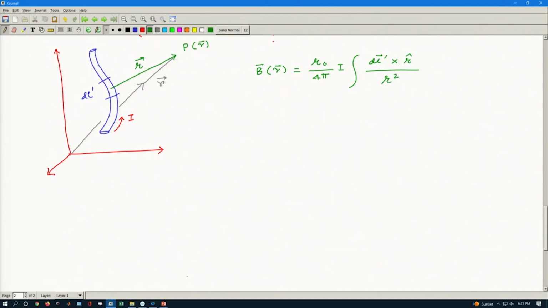That is the form of the magnetic field that one can expect at this point P.